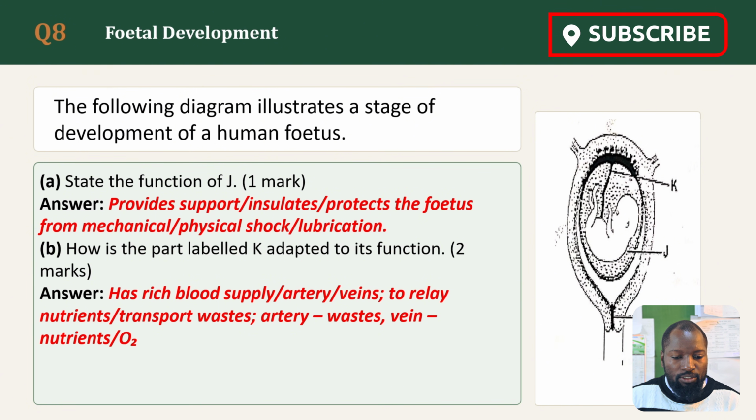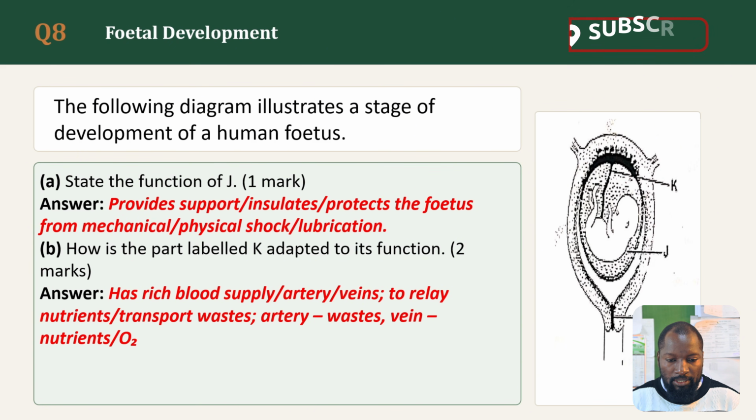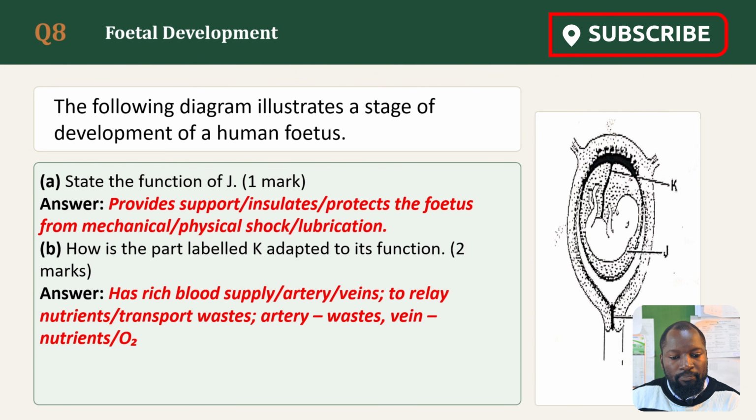And then question B, how is the part labeled K adapted to its function? I think part K is the umbilical cord, and the major function of the umbilical cord is to connect the fetus and the placenta.